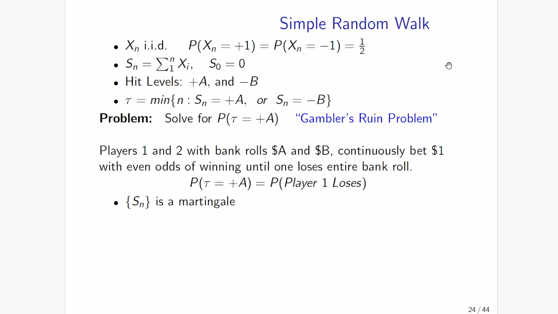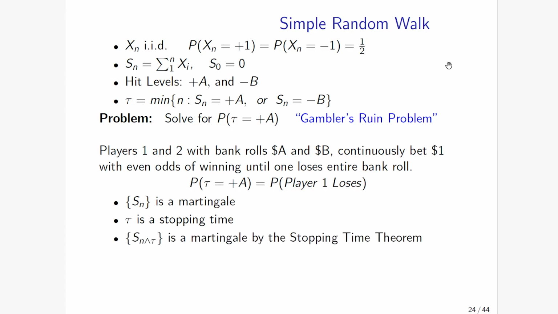And Sn is a martingale, and tau, the time at which the sum Sn equals +a or -b, is a stopping time. So this is a martingale by the stopping time theorem. With such a martingale, we have that the expected value of S at the stopped time is equal to the expected value initially, and that is equal to 0.